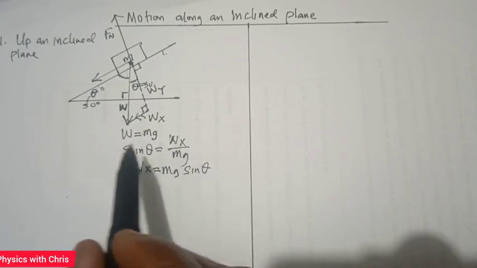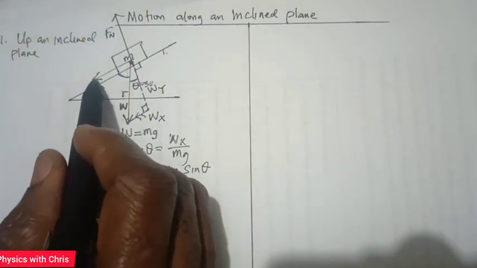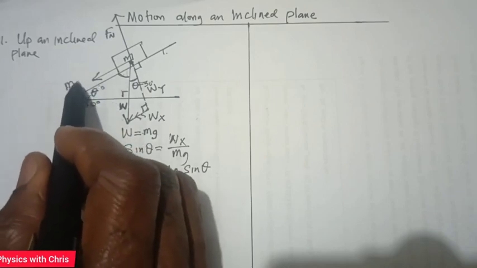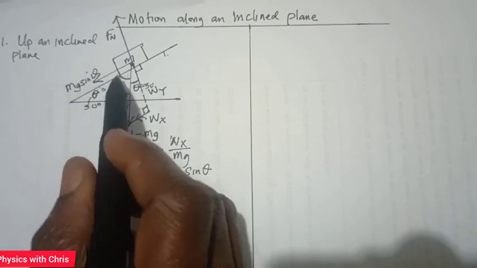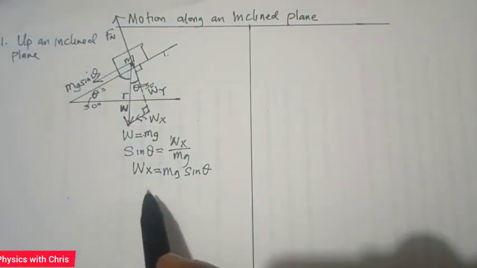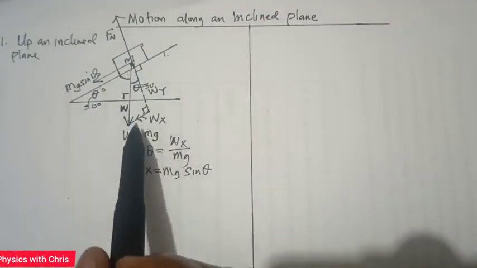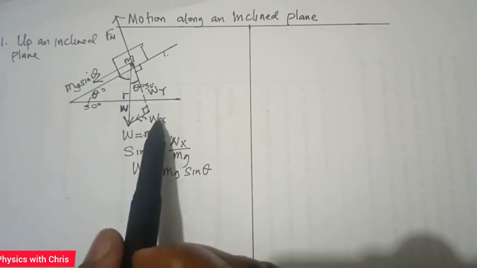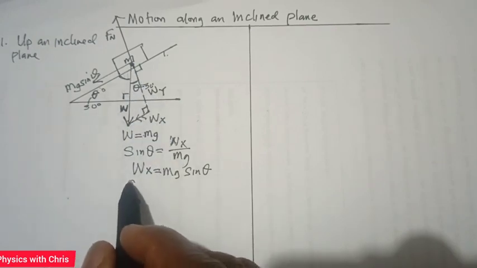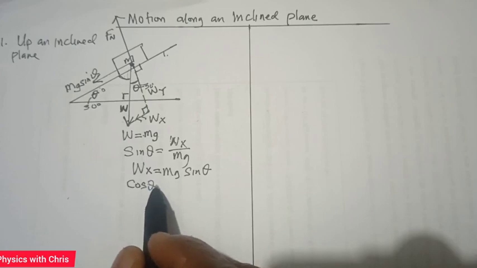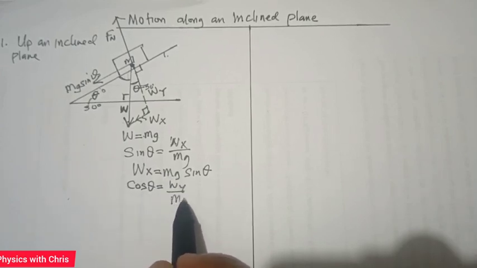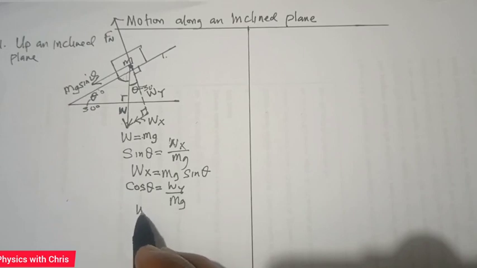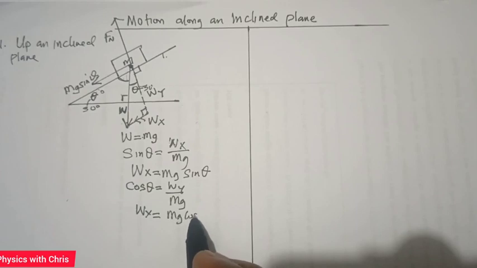Okay, so that's the component of the weight that is acting along the plane, that is down the plane or parallel to the plane. Now if I resolve perpendicularly, I'm going to have the adjacent, that is cos theta equals adjacent, which is Wy, over mg, so that my Wy component is equal to mg cos theta.